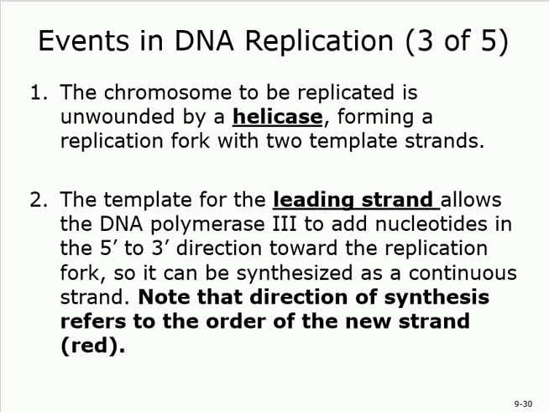So the first thing that you're going to do, you're going to unwind the chromosome, and the enzyme that's going to help you with that is called helicase. Are the enzymes important? All of them. Every single enzyme is important. So helicase, if you forgot it, understand what it means. Ase means an enzyme that works on something.